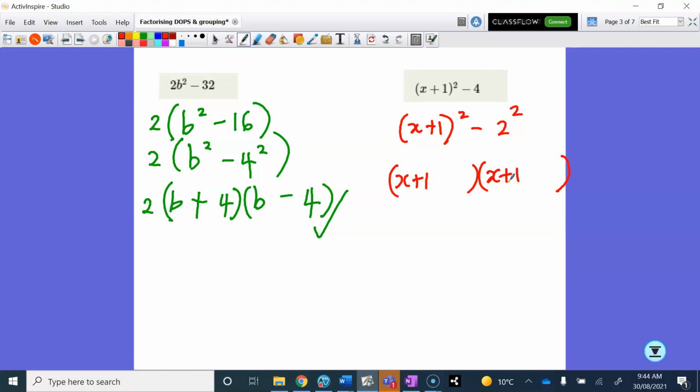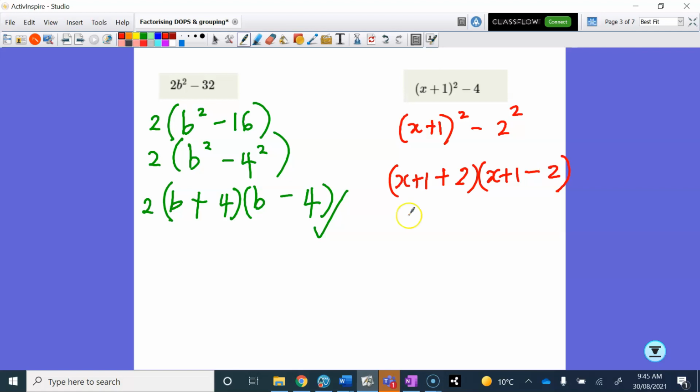Then at the end of each bracket, I'm going to have a 2. And in the first bracket, a plus, the second bracket, a minus. So I've just used the same pattern that I've been using all along: the square root of the first square term, the square root of the second square term, a plus in one bracket, a minus in the other bracket.